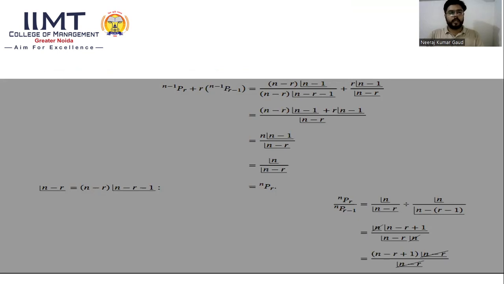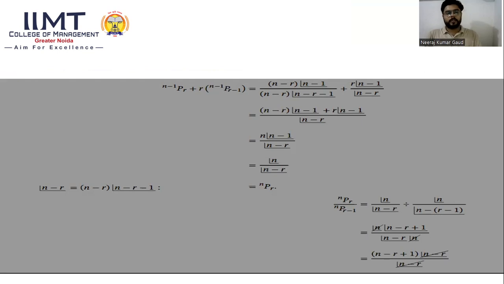After adding, we get (n-r) times (n-1) factorial plus r times (n-1) factorial upon (n-r) factorial. After solving, we get n factorial upon (n-r) factorial, which comes out to be nPr.